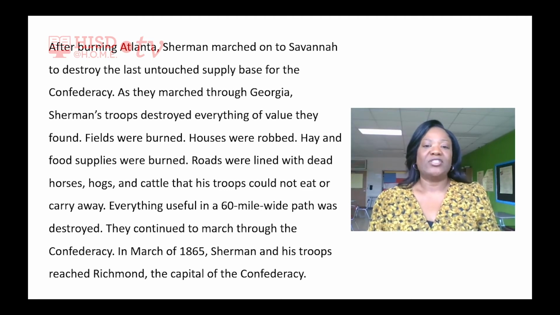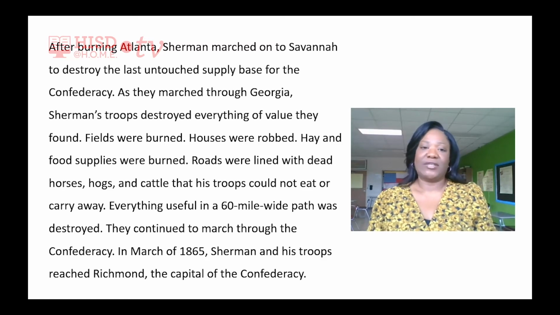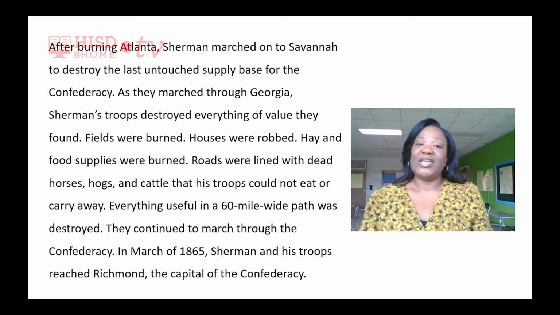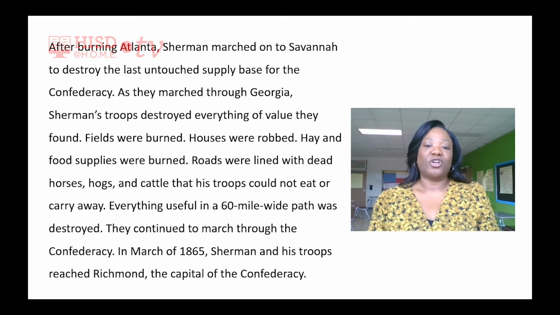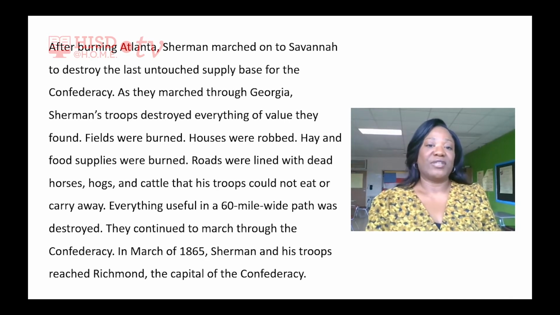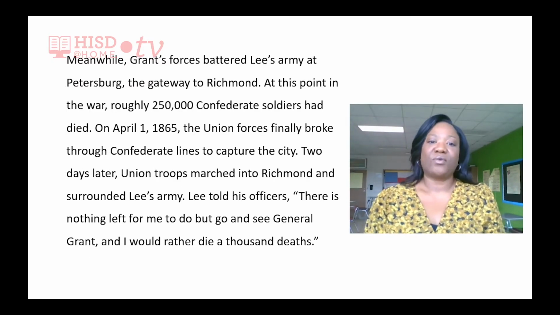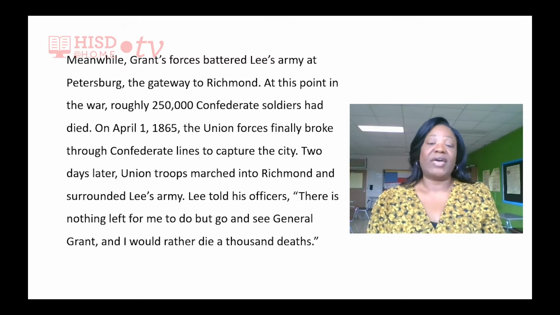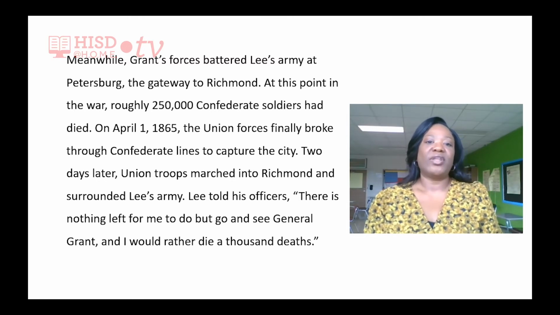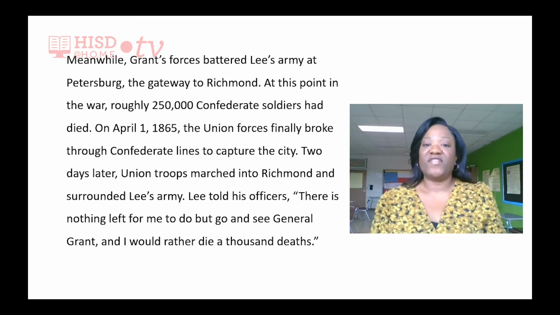They continued to march through the Confederacy. And in March of 1865, Sherman and his troops reached the capital of the Confederacy. That was Richmond. Meanwhile, Grant's forces battered Lee's army at Petersburg, the gateway to Richmond. At this point in the war, roughly 250,000 Confederate soldiers had died.